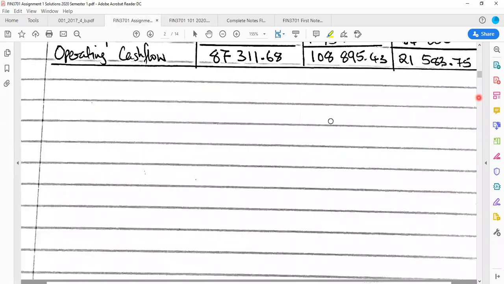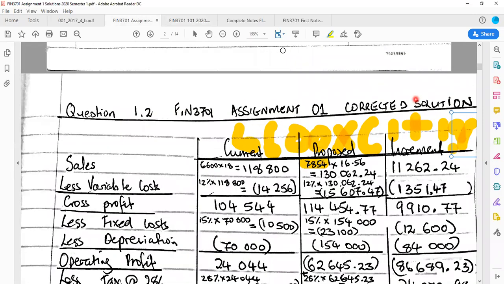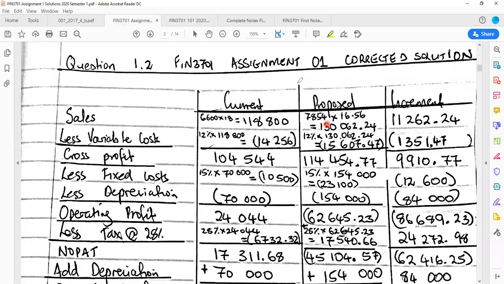Let me see if I can write it. We said 6,600, and then we increase it by 1 plus 19%. So if we increase 6,600 by 19%, we get 7,854.